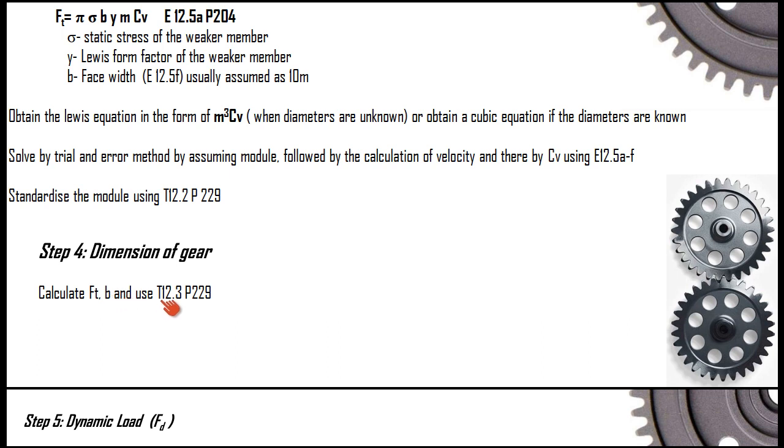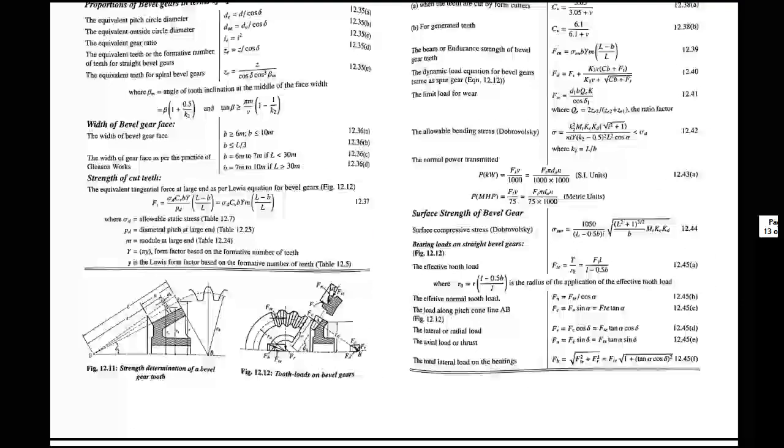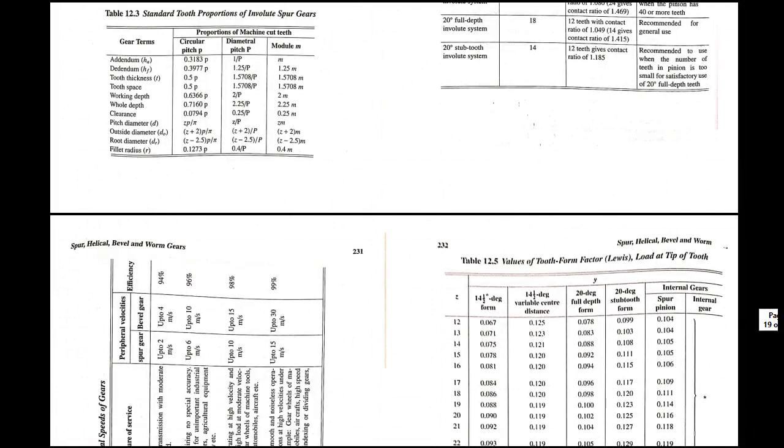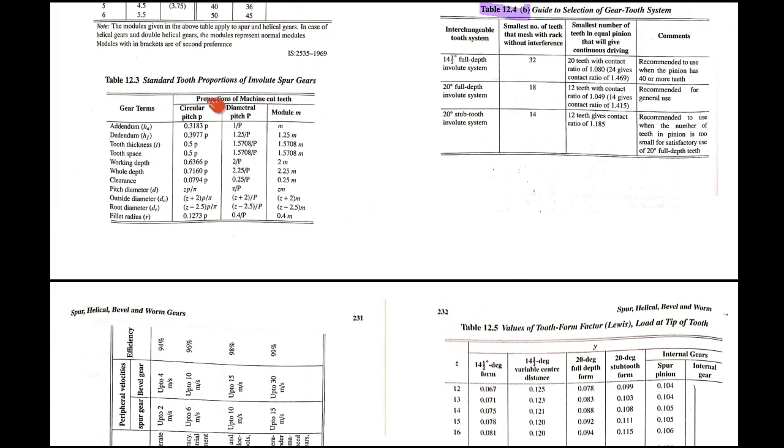Then you use table 12.3 on page number 229. Here you have all the parameters: addendum, dedendum, tooth thickness, space, clearance, all listed based on the module. The last column you can see.